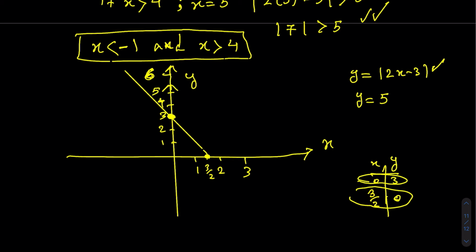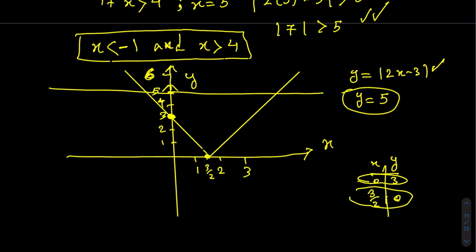Since it's an absolute value, the function cannot be less than 0, so it does not go below into the negative part of the y-axis. Therefore we need to mirror or reflect it back. Now we have drawn y equal to the absolute value of 2x minus 3. The other one, y equal to 5, is quite easy. We draw it here.